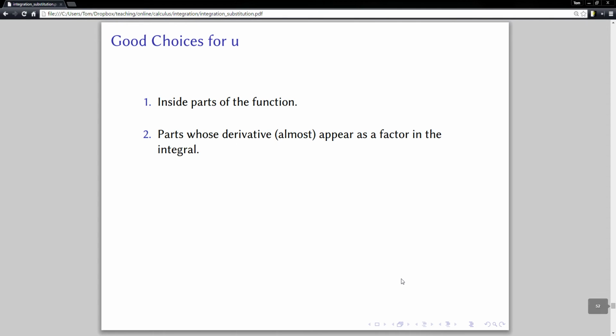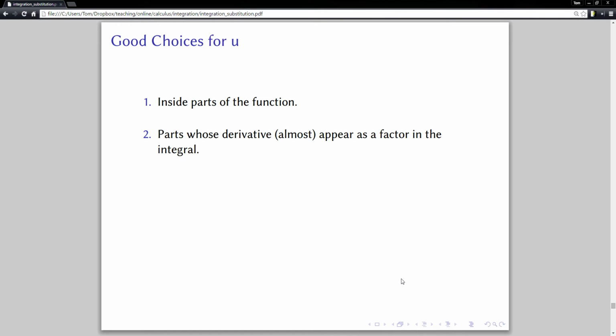The other thing is parts of the function whose derivative, or almost, appears as a factor in the integral. So in other words, if you have x cubed, and then in the integral you see 3x squared in there somewhere, then that's probably a good sign, especially if the x cubed is inside of another function, that you would pick u to be x cubed.